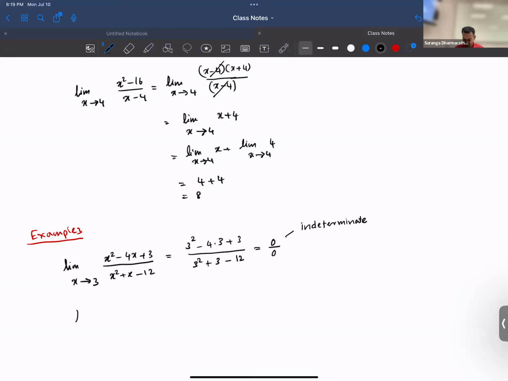So how do we simplify this? Factorizing quadratic equations, right? Quadratic functions. 3 and negative 4. What do you get? X minus 3, x minus 1. Is that right?